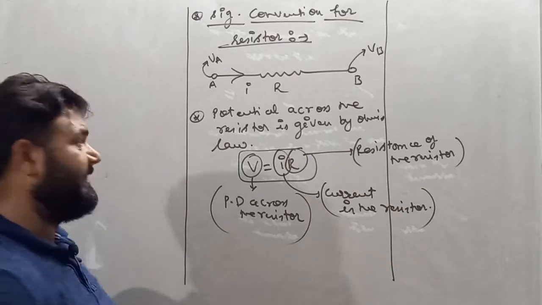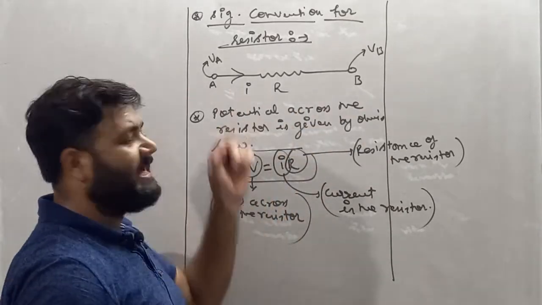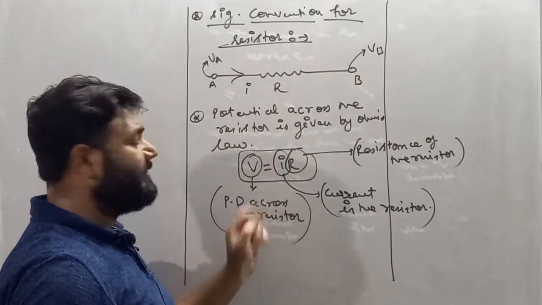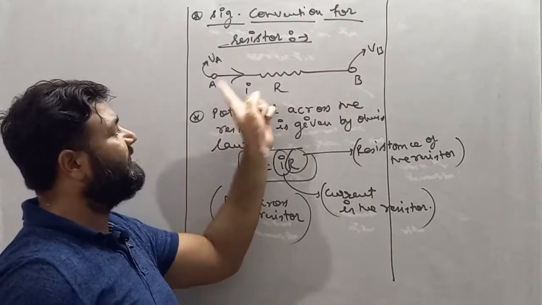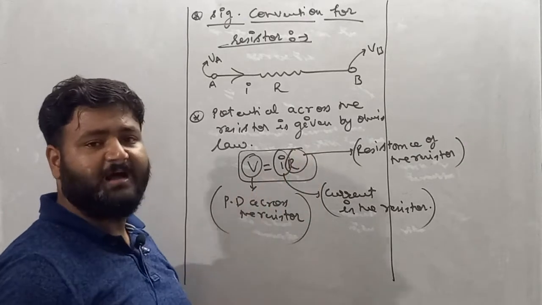Remember my dear student, if we have a resistor of resistance R in which current I is flowing, and across the resistor the potential difference is V, then by Ohm's law V is equal to IR.